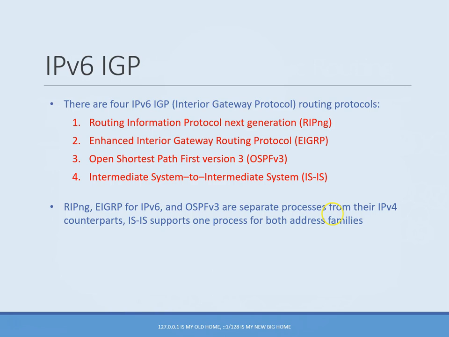So if you have dual stack, or you have both IPv4 and IPv6 running in one network, and you want to configure one of these three IGP protocols, you will get separate processes, one for IPv4 and one for IPv6. IS-IS supports one process for both address families. But for IS-IS, we are not going to use it.